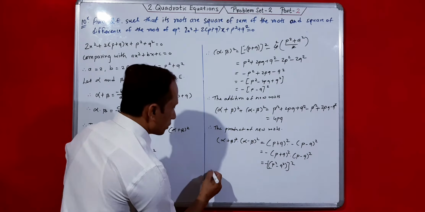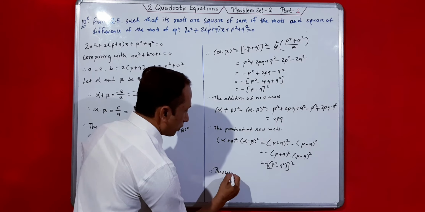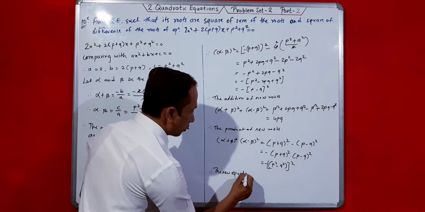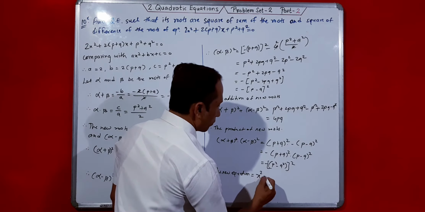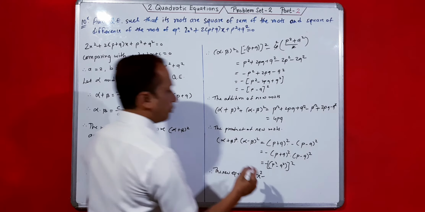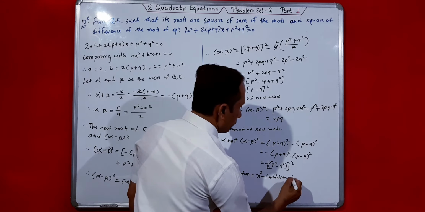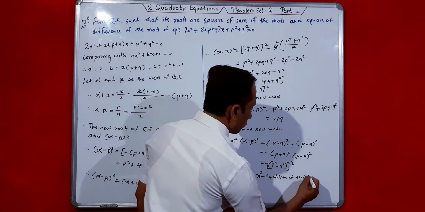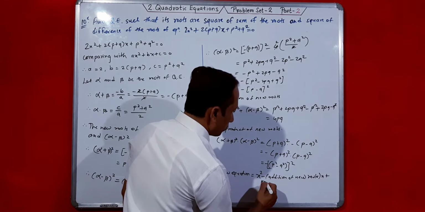So the new equation, I'm writing it shortly, is x square minus the addition of new roots into x plus the product of new roots.